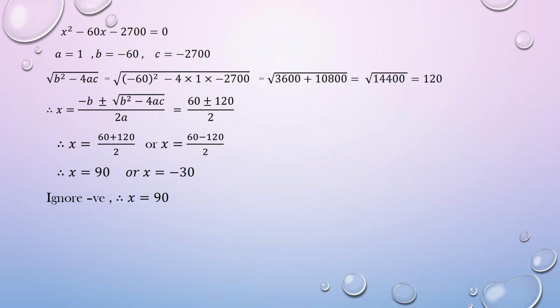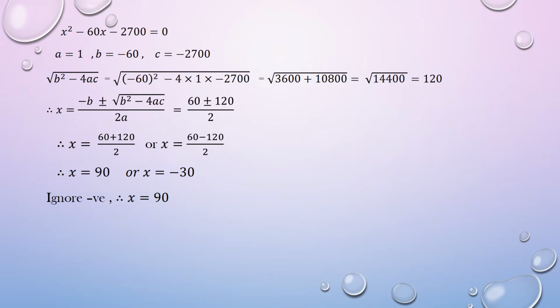Finding the square root of the discriminant, that is root of b square minus 4ac, we have (negative 60) whole square minus 4 into 1 into negative 2700, which is equal to root of 14,400, which is equal to 120.